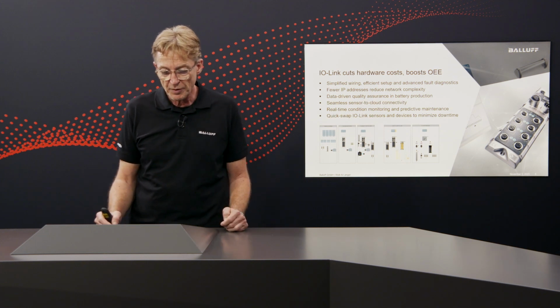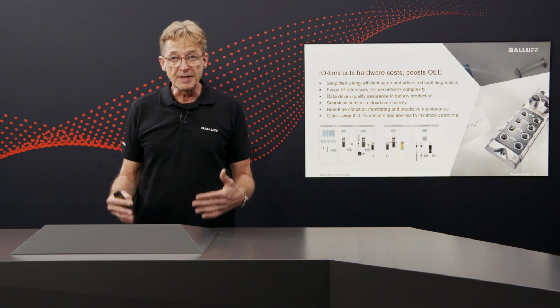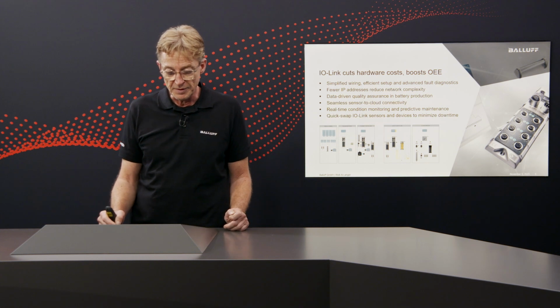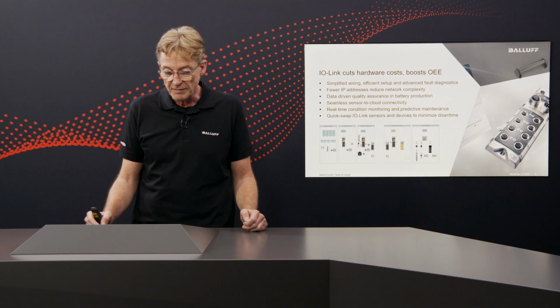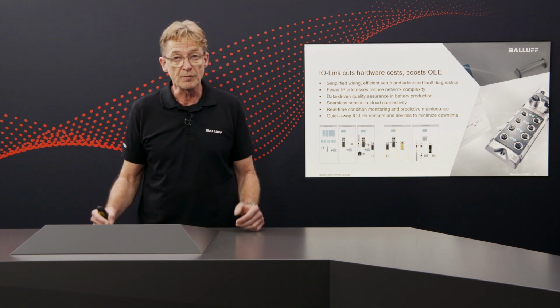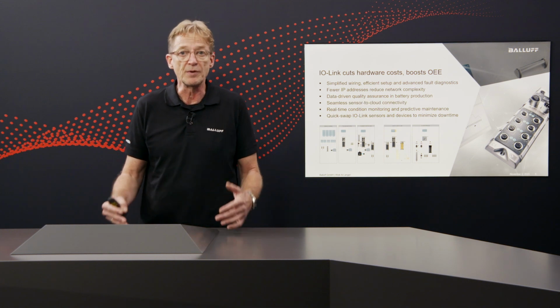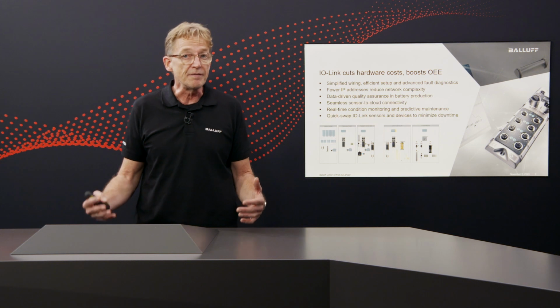Real-time condition monitoring makes it possible to react, as I said, much faster on changes in my environment. And also a quick swap of IO-Link sensors and devices to minimize the downtime as well. If it's necessary to exchange a device because of damage or something like that, it's very easy.